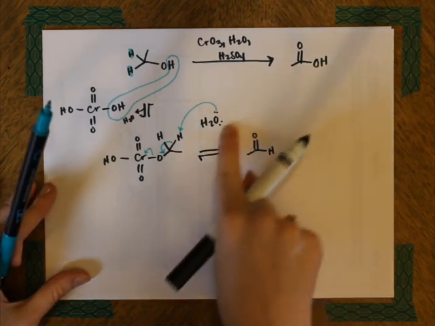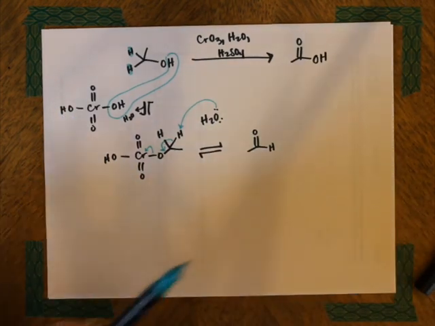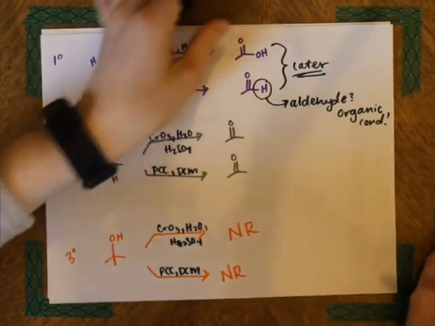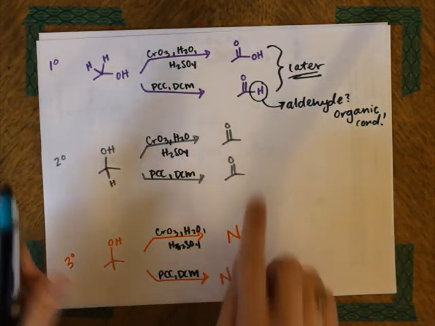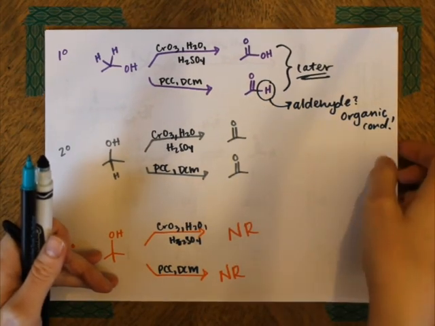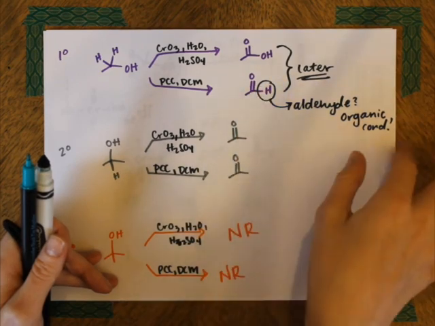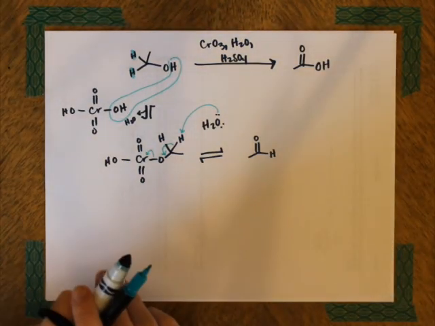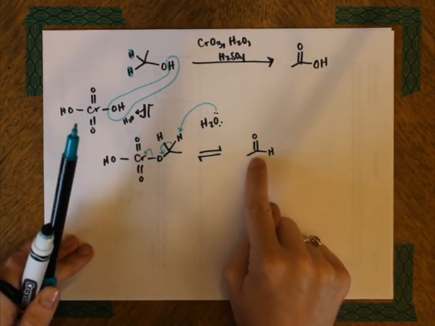So we do have this intermediate where we end up making the aldehyde, just like we have for the answer if we use PCC and DCM. The difference here is that it does not stop at the aldehyde. It's able to further oxidize. If we did not have any water in solution, that's why we're able to stop at the aldehyde. So if we did the same reaction using PCC with DCM, this would be our final stopping point.